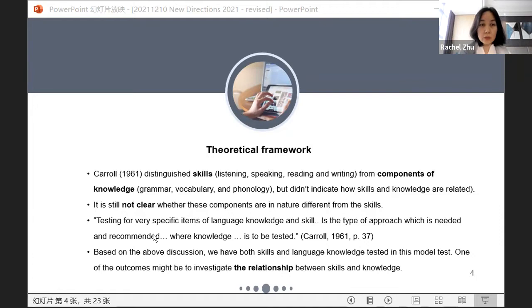And according to the 1961 paper, testing for very specific items of language knowledge and skill is a type of approach with which we needed to be tested. So based on the above discussion, we have both skills and language knowledge tested in this test. So one of the outcomes might be to investigate the relationship between skills and knowledge.